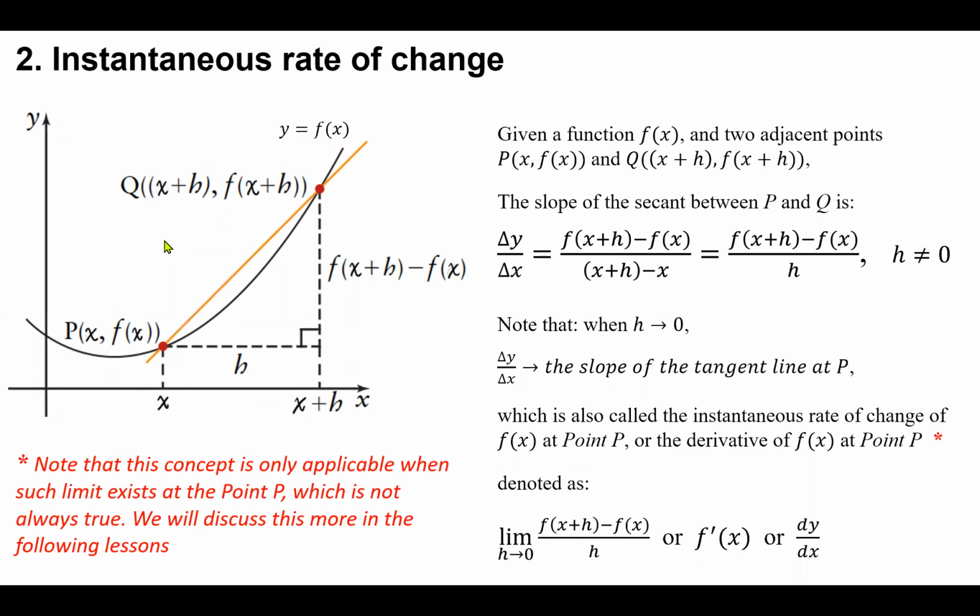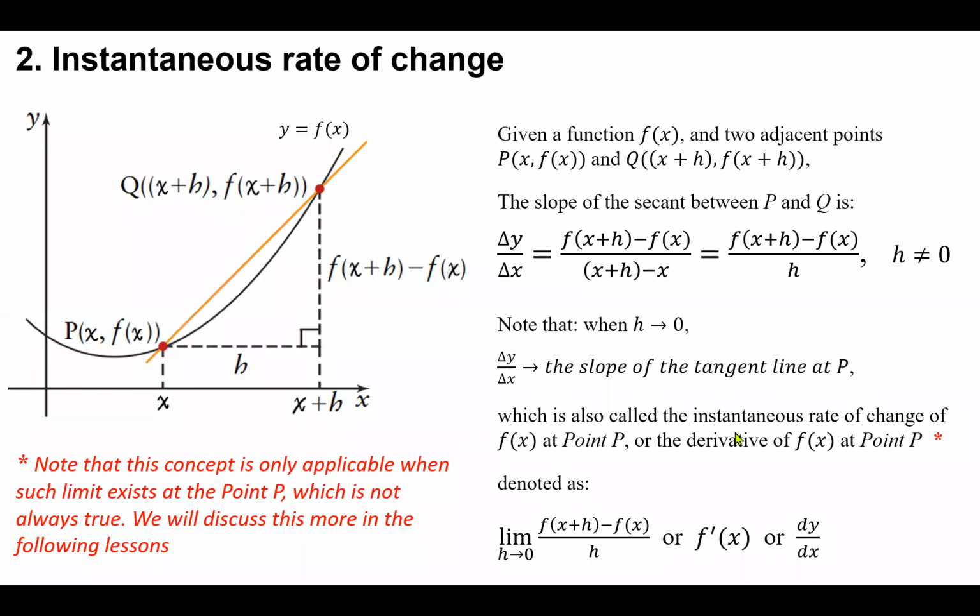When point Q is very close to P, very close, but not on top of P, then these 2 points are getting very, very close. Then the slope of the secant line is actually approaching the slope of the tangent line at point P, right? Can you imagine that?